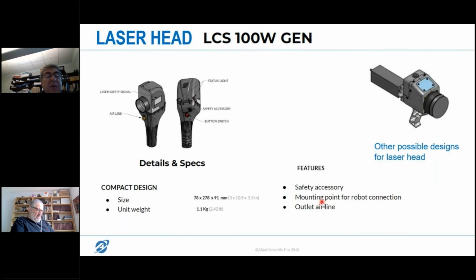So these are some safety features. You can also put an airline here to clean the lens with the air. Status light, safety accessory, and this is also on the right side another possible design where it's actually like a torch. So the beam and the body of the laser head are parallel to each other, so it could be easier to insert that into certain tight areas in a ship, for example.